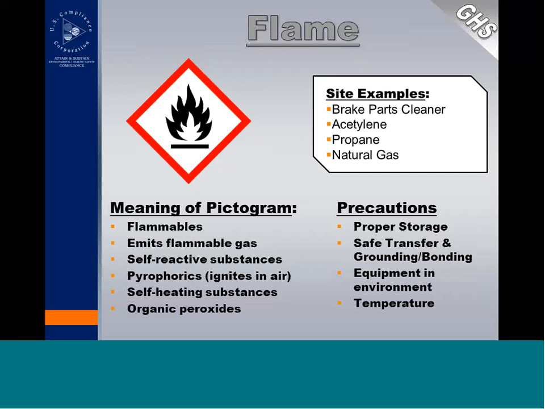In the hot sun, the can wound up overheating, a leak developed, and the actual escape of hazardous vapors wound up generating enough static electricity to ignite those vapors as they escape. So some examples of flammable materials at your sites include brake parts cleaner, acetylene, propane, and natural gas.